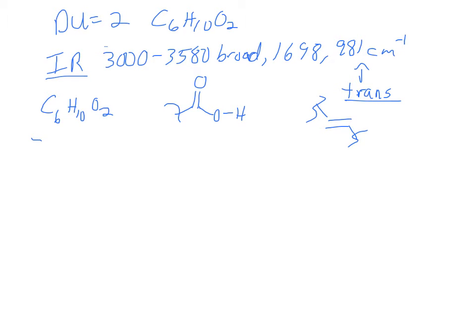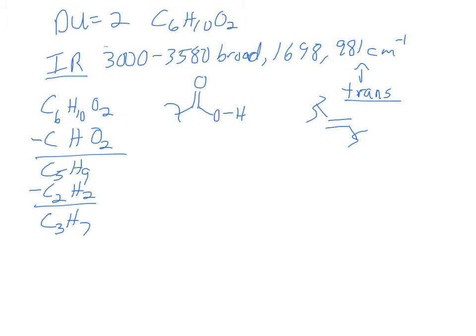Minus CO2H for the carboxylic acid, so we're down to C5H9, minus C2H2 for the alkene. So we're down to C3H7. That makes it a little easier.